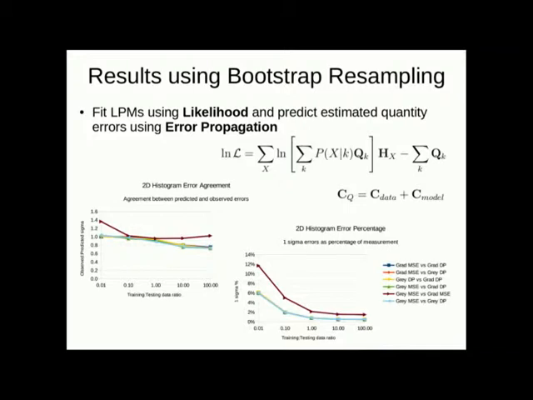Given that our primary goal is to understand errors, we have evaluated this by looking at the errors we would predict on the number of true and false craters versus the actual spread of estimates of true and false craters from the bootstrap resampling.